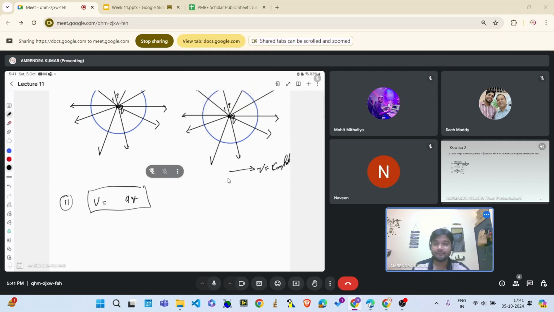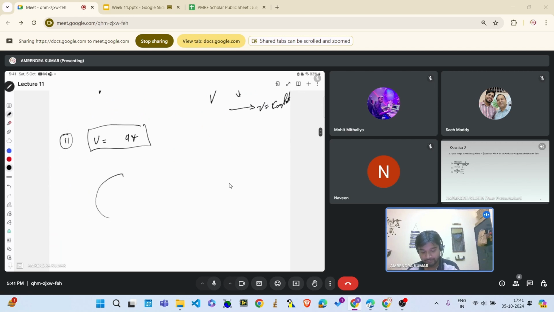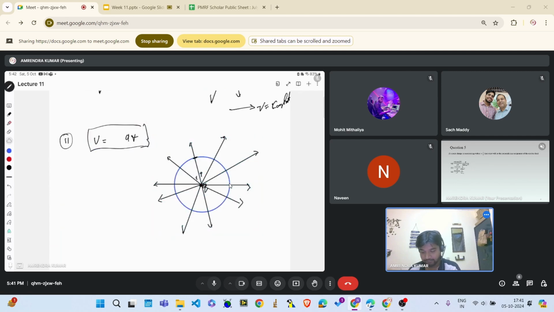If it is the case, then this concept that the field line will be the same will not be valid, because now what you have is something different.